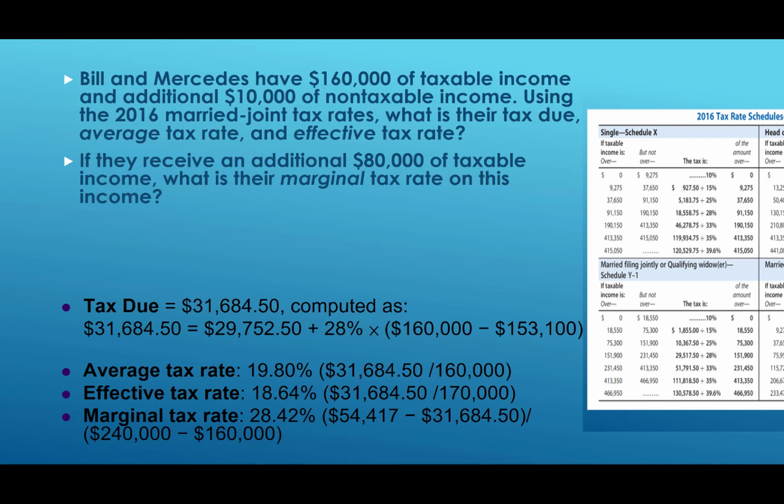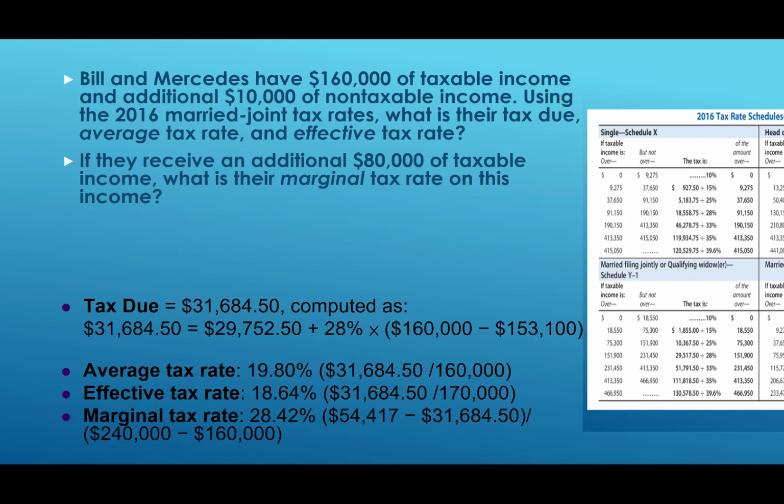Okay, so you come over and you just take a look, and they took the amount that they were over the lower end of the threshold, the 153. Okay, it's a little bit hard to see, but the amount they were over the threshold, and they took 28% of that plus that 29,752.